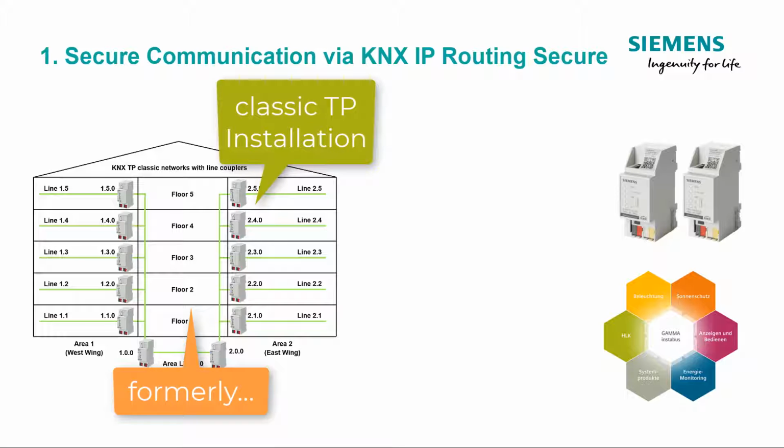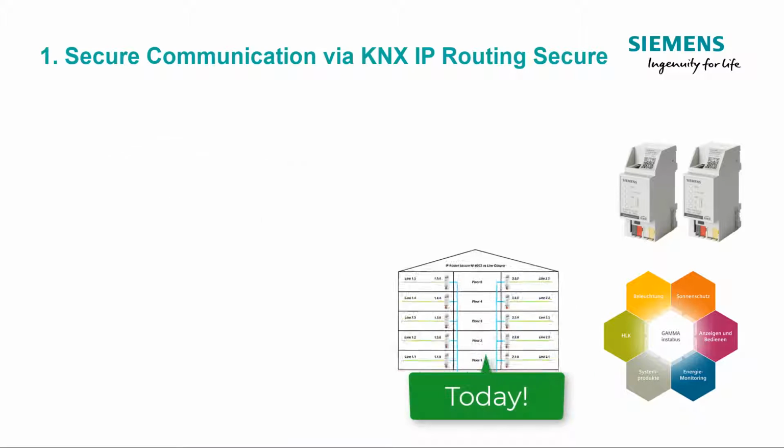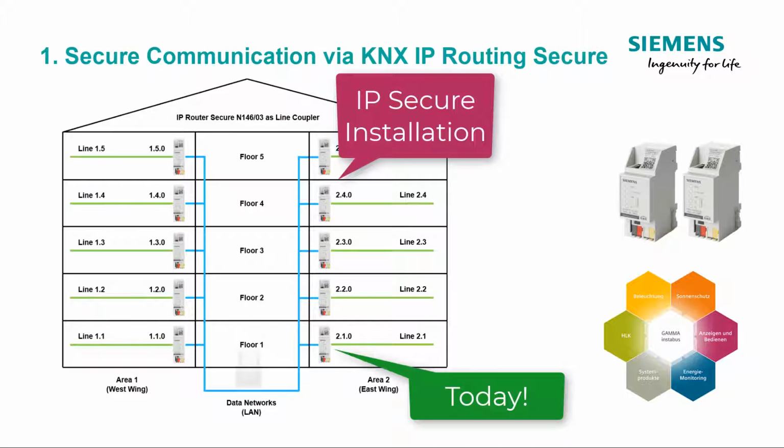The Siemens KNX IP Secure products use the described procedure KNX IP Secure. Like its predecessors, the IP Router Secure N14603 can be used instead of TP line or area couplers, and uses the KNX IP Routing Secure method.